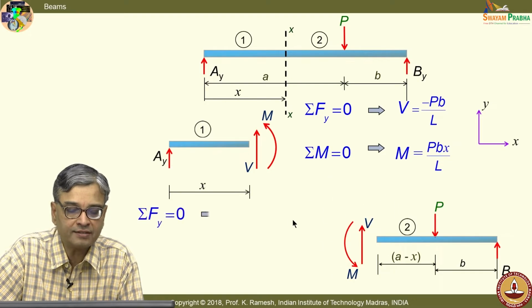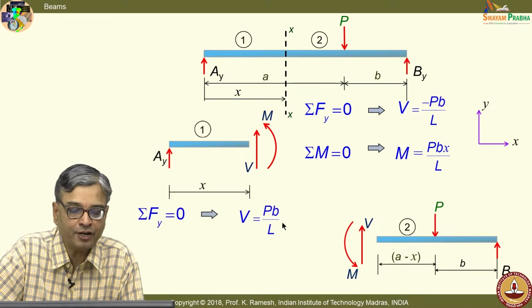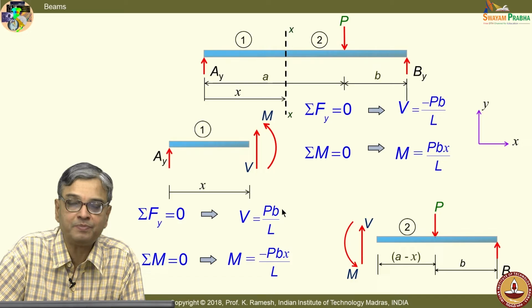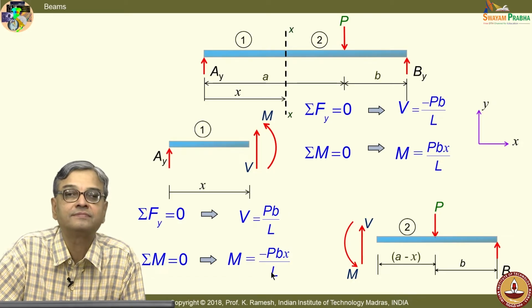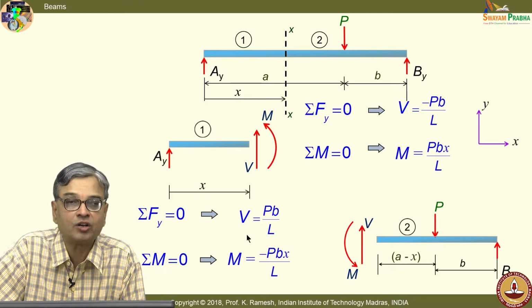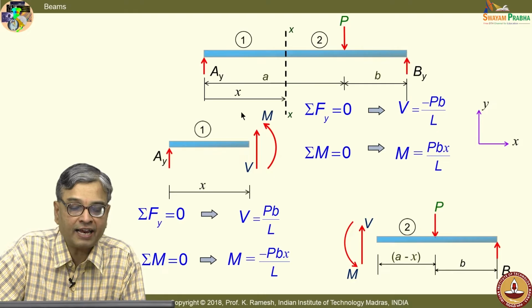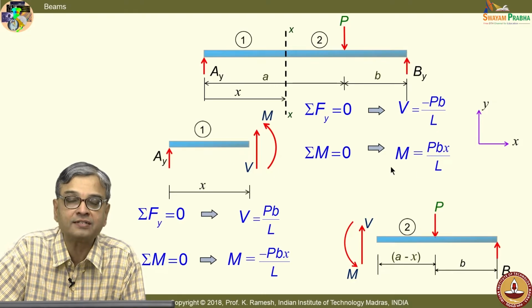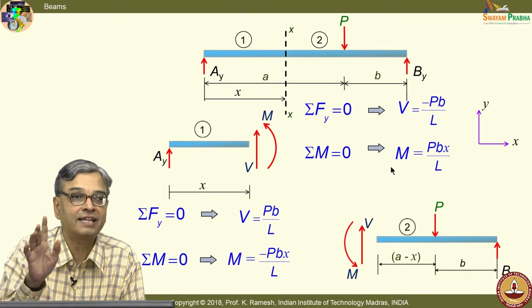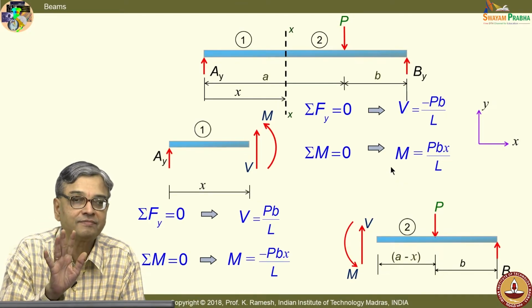When you do this, I would see the magnitudes are all right, but there is a difference in sign. I get V as Pb by L, M as minus Pbx by L. Suppose I go and correct this free body diagram based on this, and I correct this free body diagram based on this, the resulting free body will be only one. There will not be any change. We will see that also.